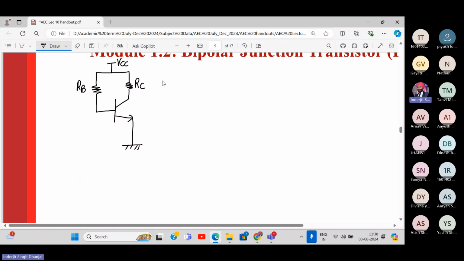One power supply only. The next circuit will be like this: this is RB, this is VCC, RC, RB, and this is ground.